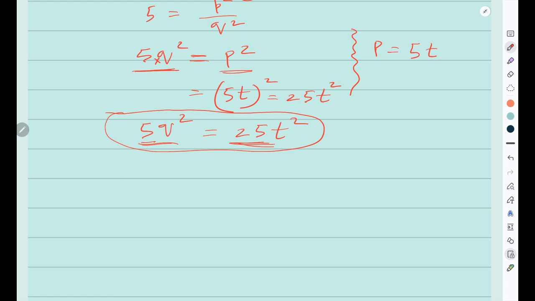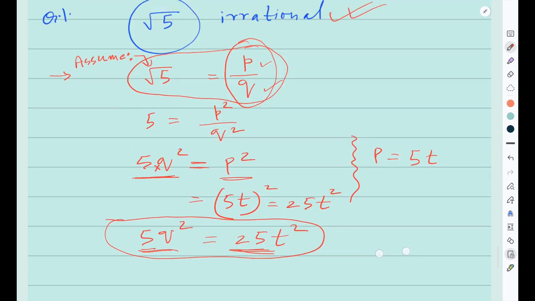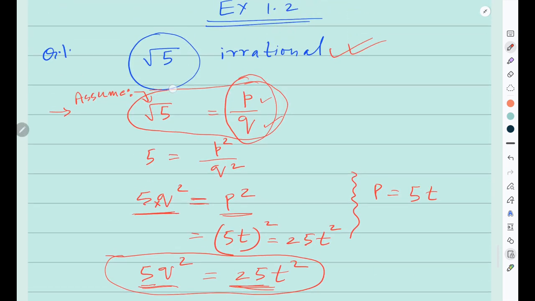How did we get such contradictory things? But one thing is certain: if we have got a contradiction, then what we started with was not correct. We started with the assumption that square root of 5 is a rational number.